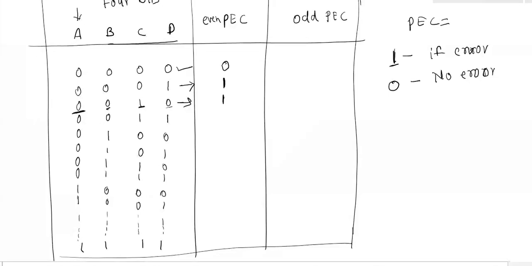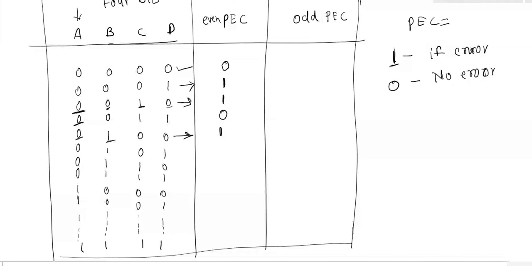Similarly for the next data, the parity bit is a 0. The number of ones received at the receiver side is even. 1 1, that is a 2, and it is an even number. So the correct data is received and it is indicated with the value 0. Similarly for the next, the bit is a 0, meaning the number of ones in the actual data is even, but in the 4 bits an even number of ones is not received. An odd number of ones is available, means there is an error.